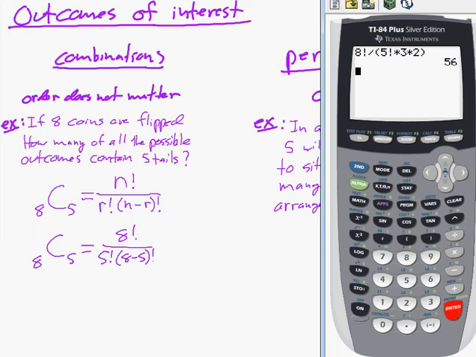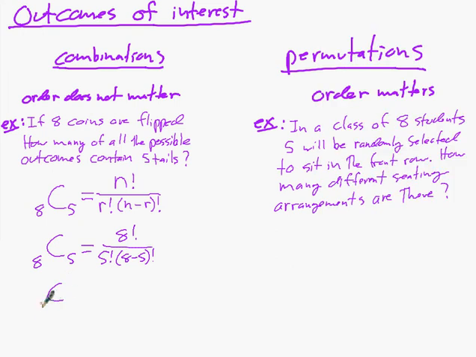And we get 56. So there are 56 combinations or 56 outcomes of 8 coins that contain 5 tails. Again, it doesn't matter where the tails are, there's just 5 of them.